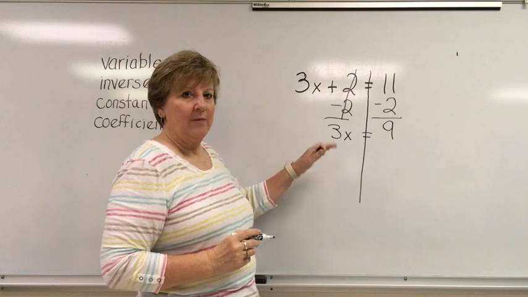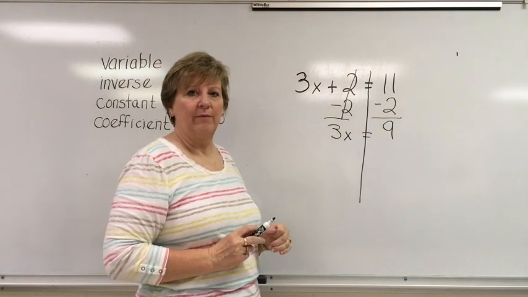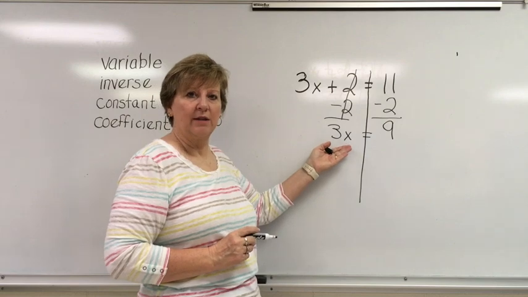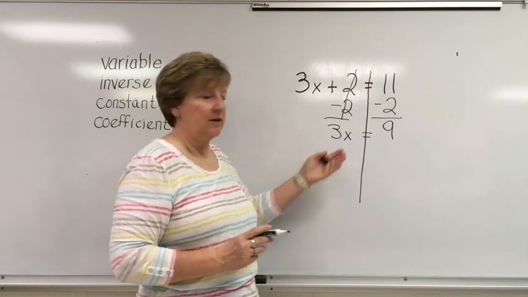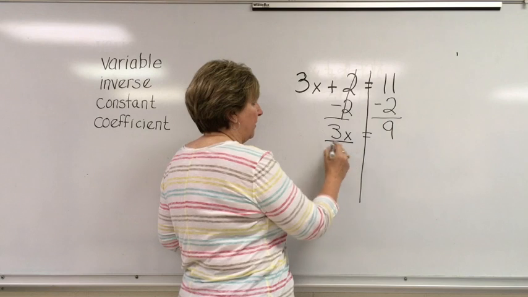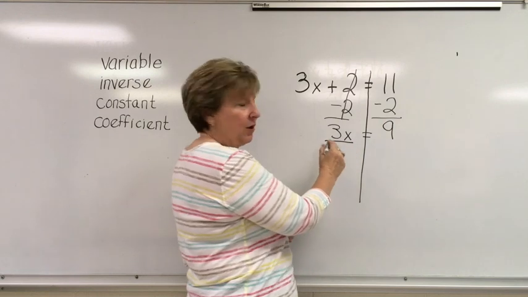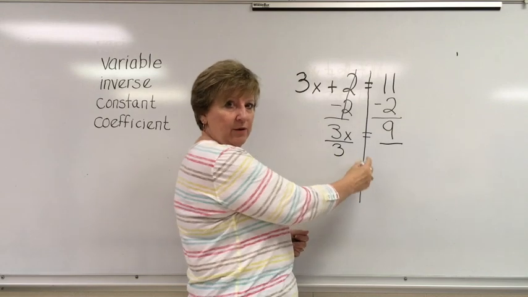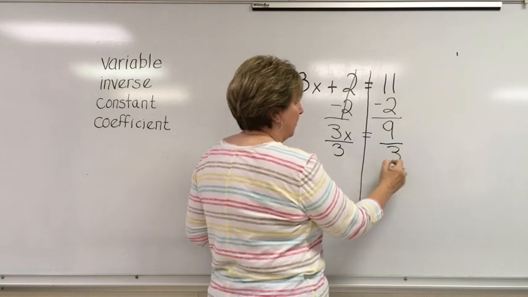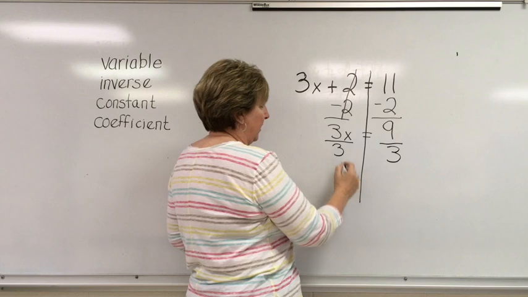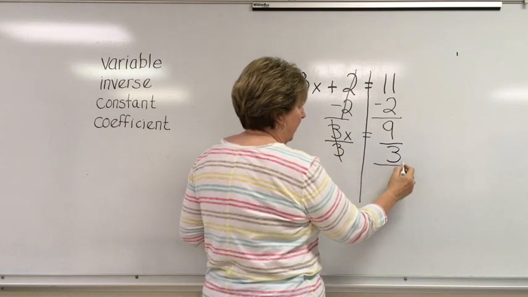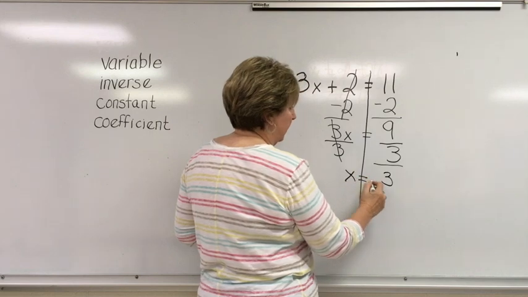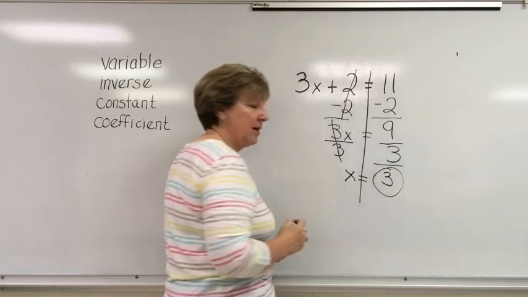Then our next step is we've got to get rid of the coefficient. This is multiplied, so what's the opposite of multiplication? Division. So we're going to divide 3x by the coefficient, by 3, and what we do to one side, we do to the other side. So we divide 9 by 3, these cancel out. 9 divided by 3 is 3, so x equals 3 is your answer.